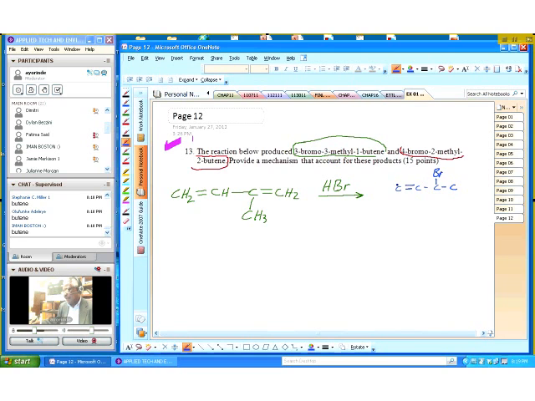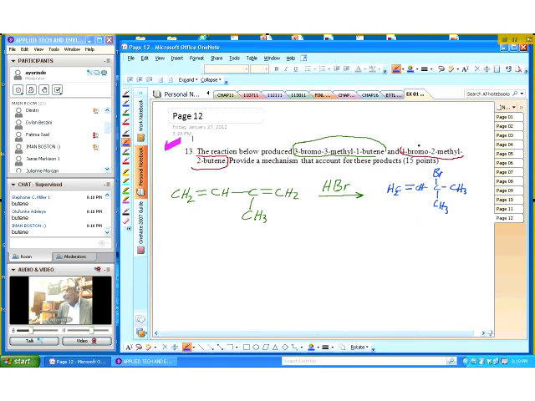Also on carbon number 3, we also have methyl. That's all we have here. So let us complete the rest of the molecule. CH3 here. Of course, hydrogen will be here, and 2 hydrogens will be here. Okay, this is one of the products.